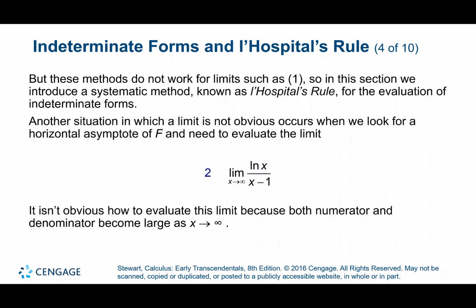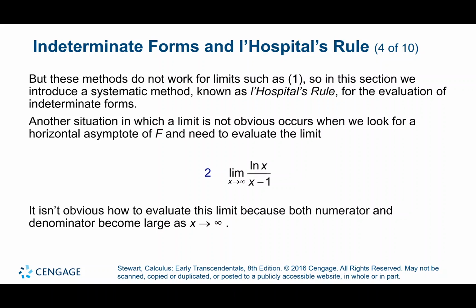And we also ran into infinity over infinity situations. We'll see those in a second. So what's going on with this one? If we are approaching infinity on the bottom, we get infinity minus 1, which would just be infinity.